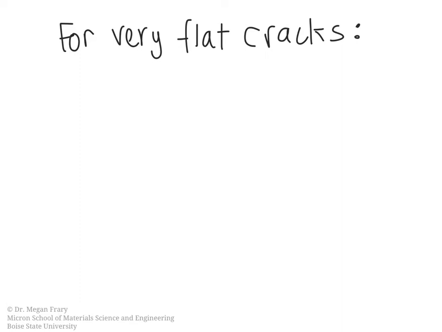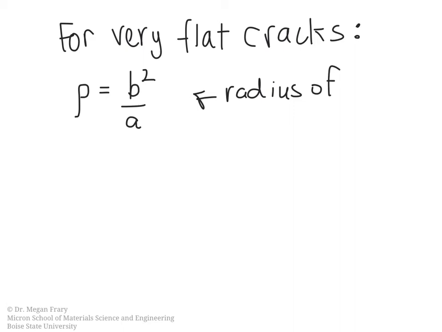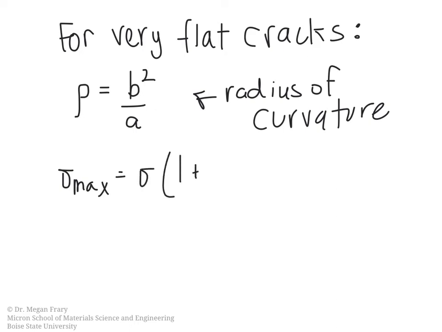Let's consider then the case of a very flat crack, and we can define a radius of curvature, and that depends on the geometry as b squared over a. This is the radius of curvature, essentially of the crack tip, or of the notch tip. We can then write sigma max is equal to sigma times 1 plus 2 square root of a over rho.